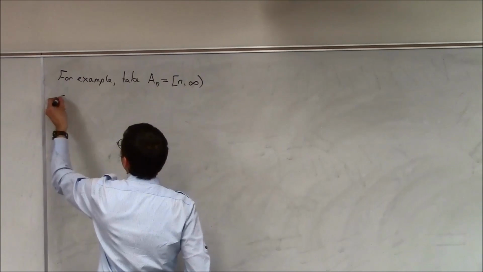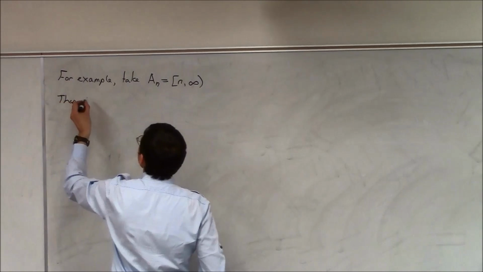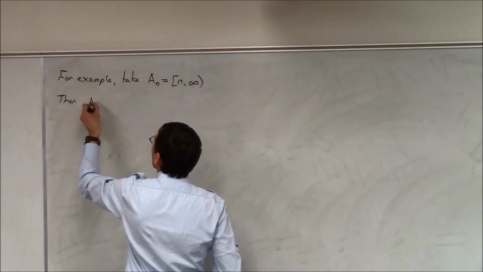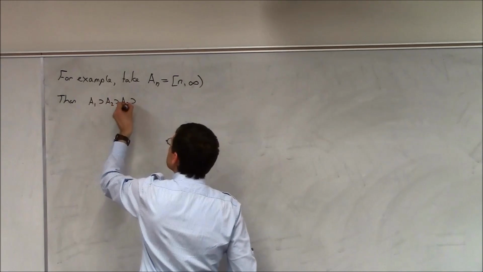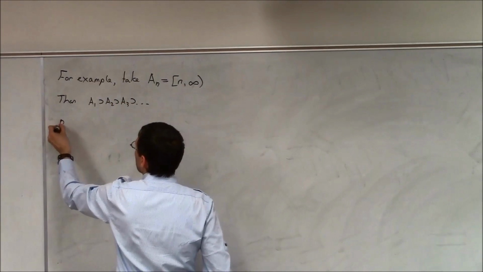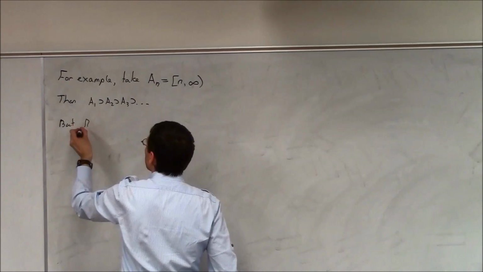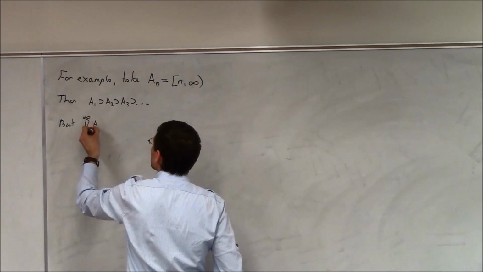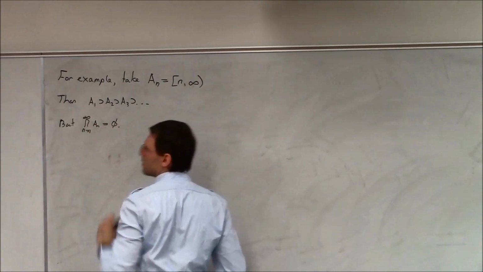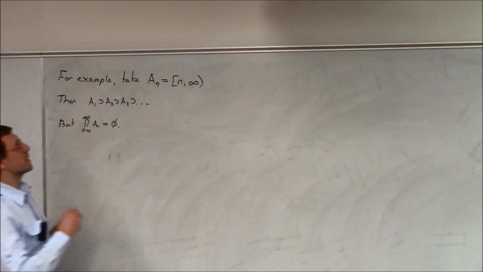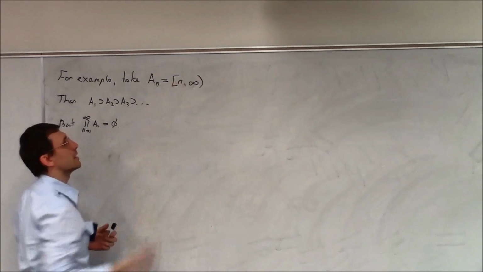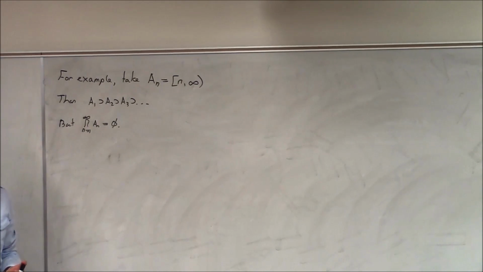Then A1 contains A2 contains A3 and so on, but the intersection n = 1 to infinity of A sub n is empty. You see that? Because, so to speak, infinity is that missing point.